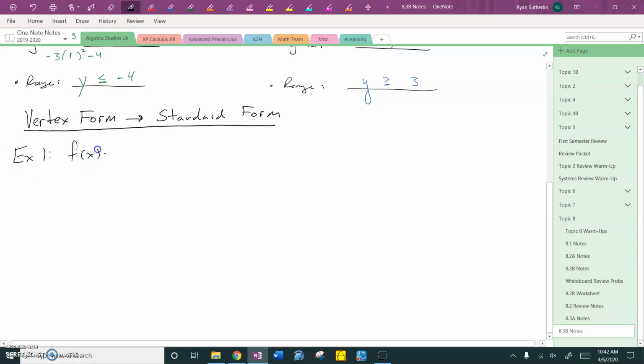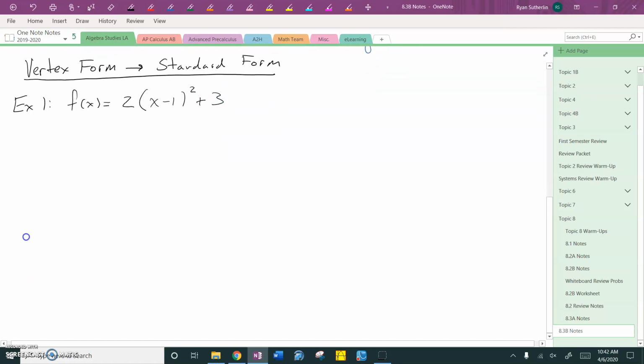Let's say I have f of x equals 2 times x minus 1 squared plus 3. Okay, so what I'm going to do is first analyze the graph, and as I see it here, it's given in vertex form.